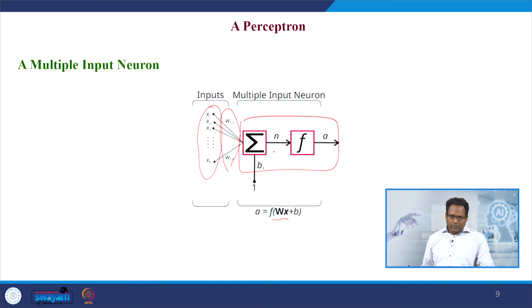That acts as the input to the transfer function, which is f. Thus, A is a function of Wx plus b, where W is the weight vector, x is the input vector, and b is the bias input.